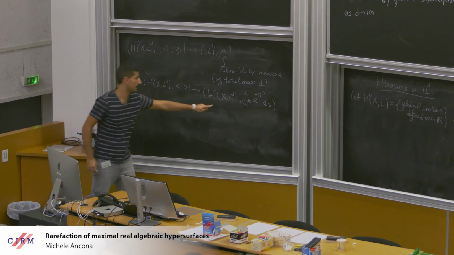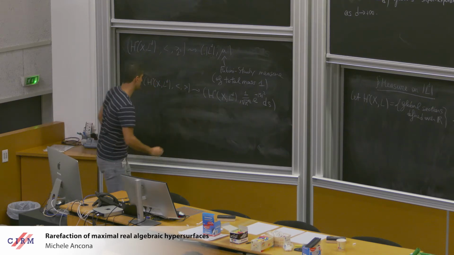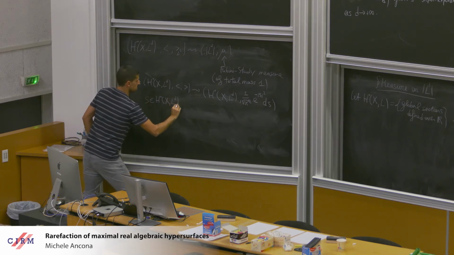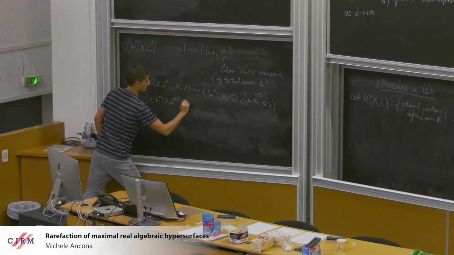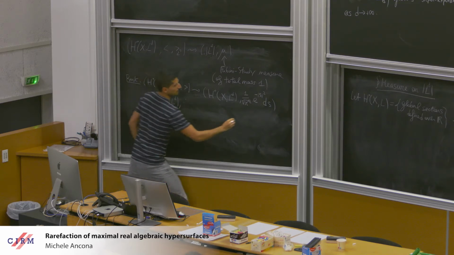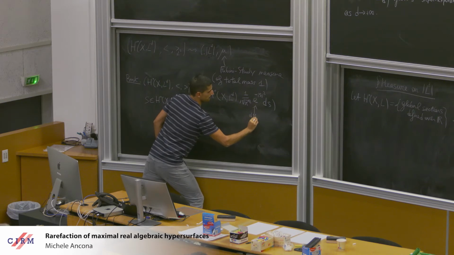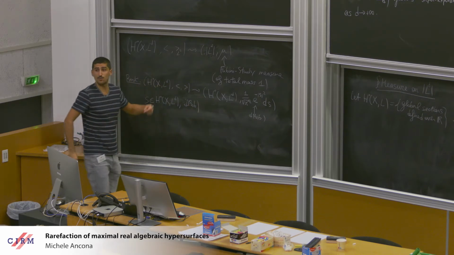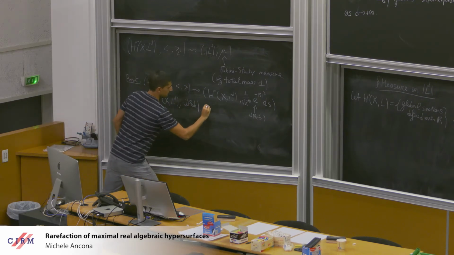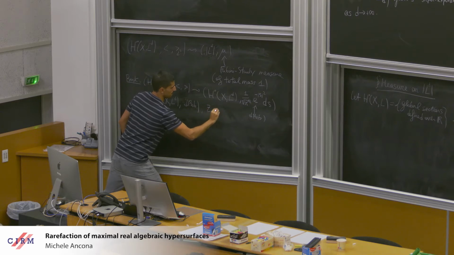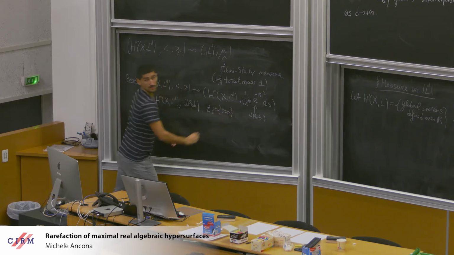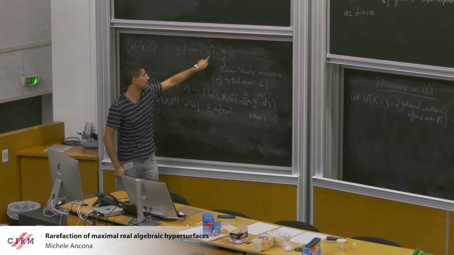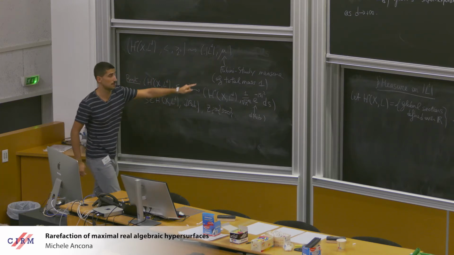And if we take a section with respect to this probability measure, and then we consider the zero locus, then this is the same as if we take a random hypersurface with respect to this probability measure.